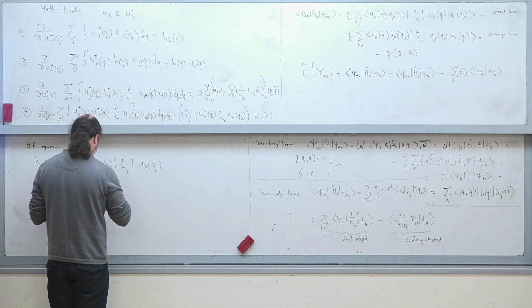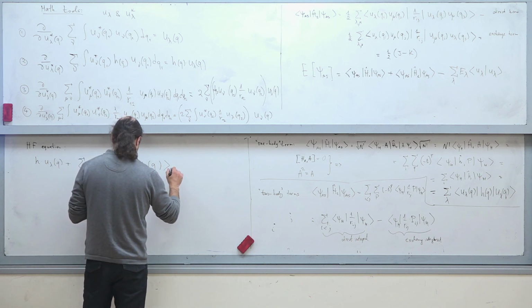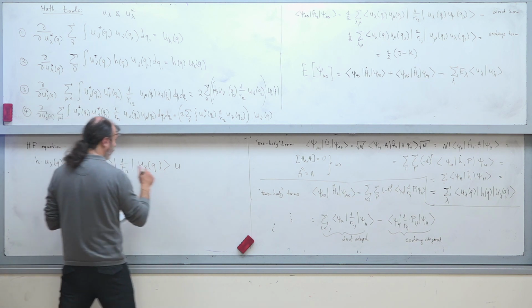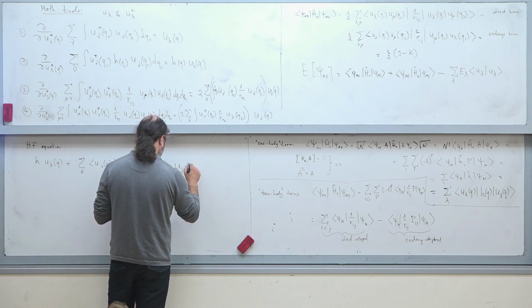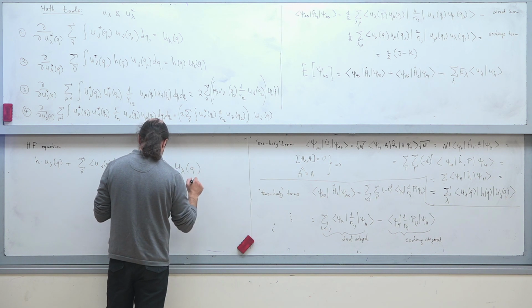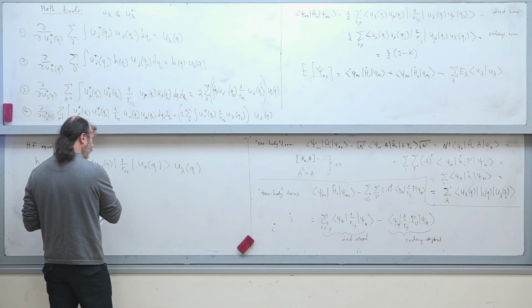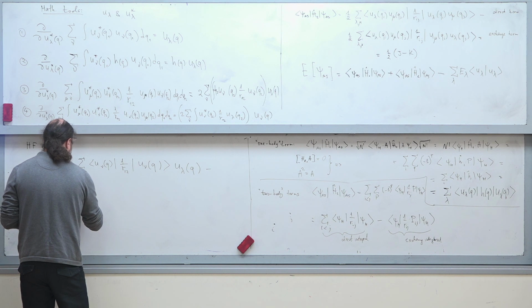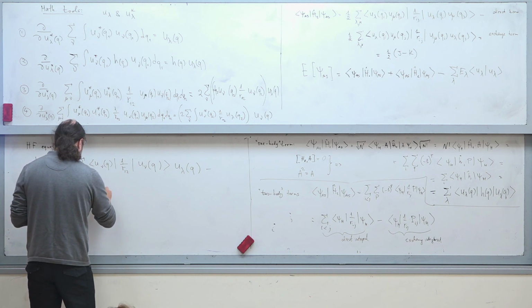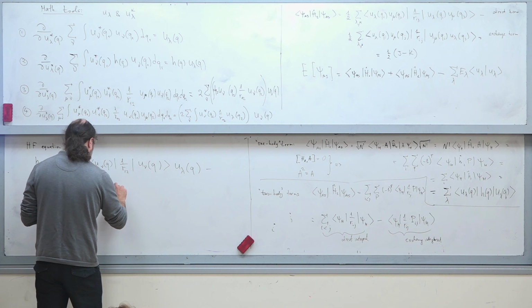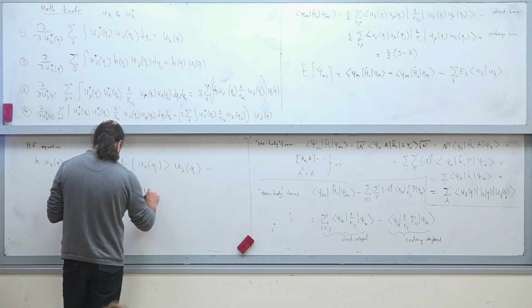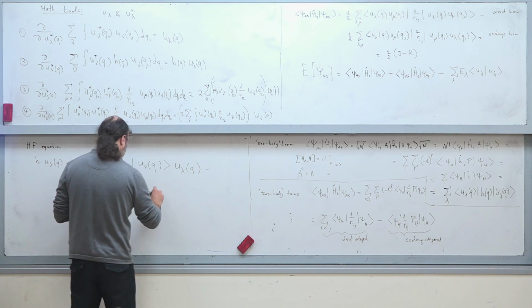and that is multiplied by the same orbital u lambda of q, minus the sum over mu, orbital mu star of q, 1 over r12, u lambda of q.